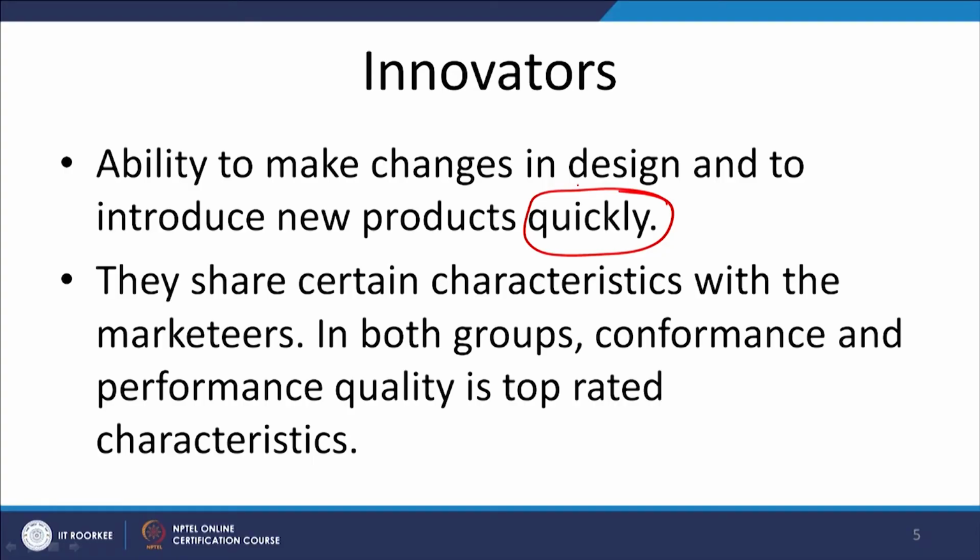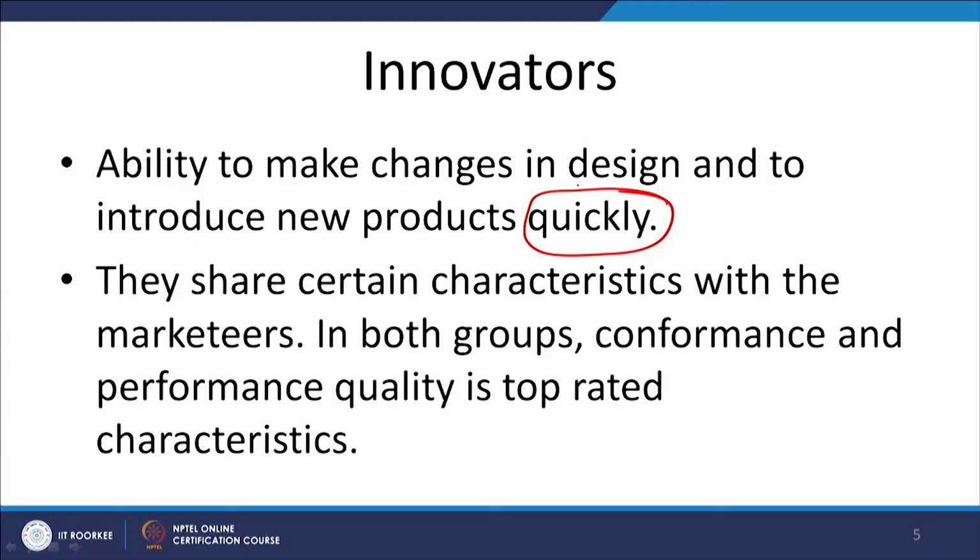As I said, there are a lot of characteristics which are common between marketeer and innovator organizations, but apart from that, when we are talking of a marketeer, the idea is that whatever is required by the customers, we produce those types of products. When we are an innovator type of organization, we keep doing R&D in our labs, and on the basis of those results of R&D, we offer products.